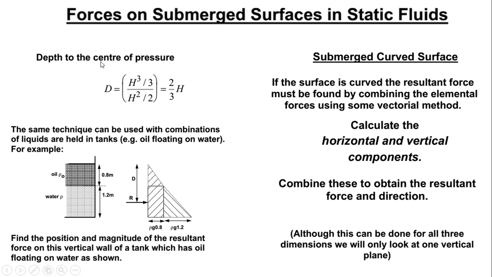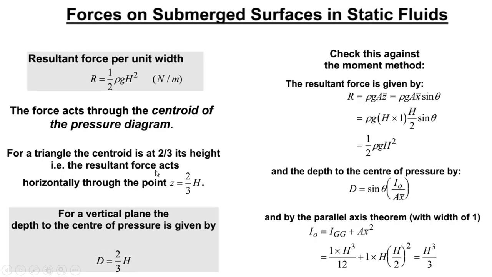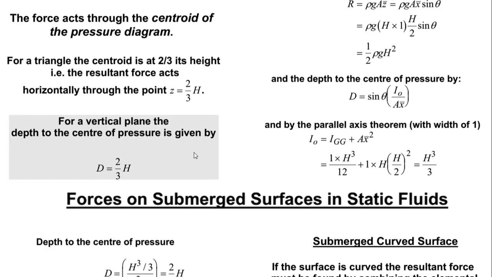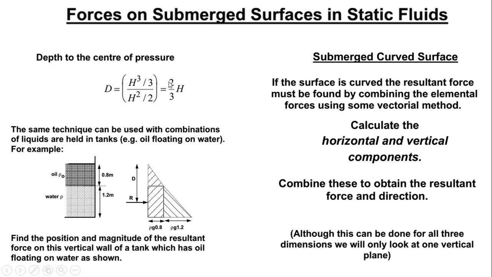So for the depth, you are going to get D is equal to 2/3 H, which is the same answer that we got from the pressure diagram. D is equal to 2/3 of H. R is equal to half rho gH squared. We got the same answer here for R, and we are also getting the same answer here for D. So either method can work, but like I said, we are going to use mostly the moment method.